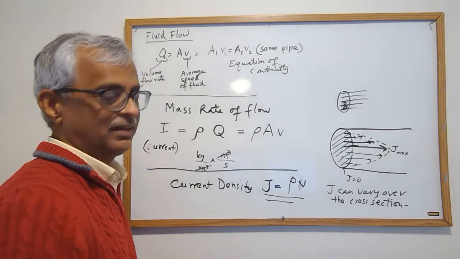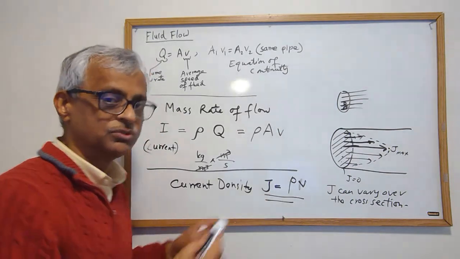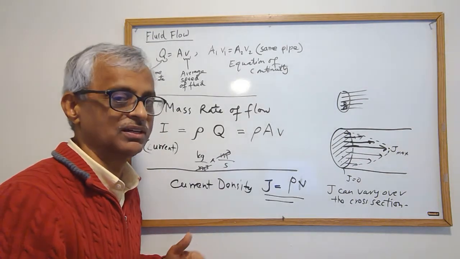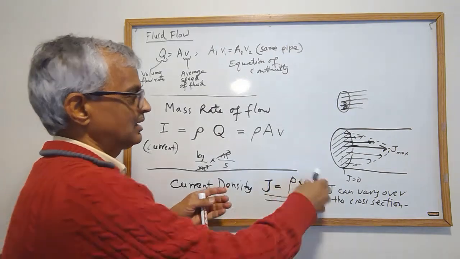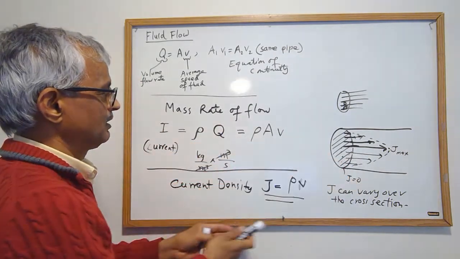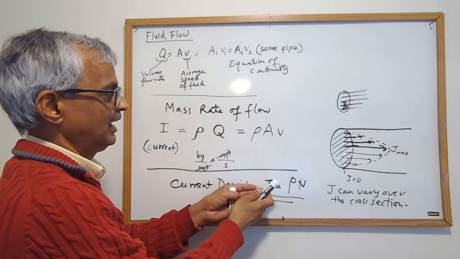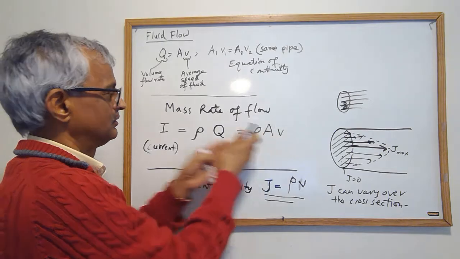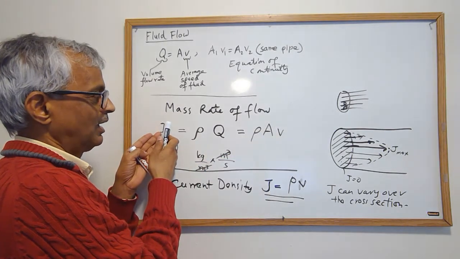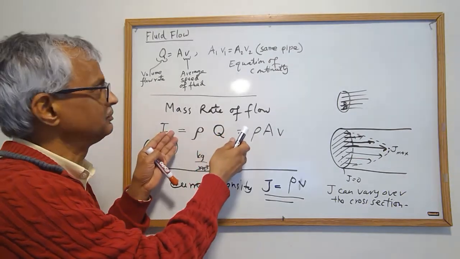But if it's not varying over the cross section, there is no need to go into the calculus and have more difficult techniques. If J is constant, then J times area is the current, and you really don't get anything out of it. You just learn one more term.